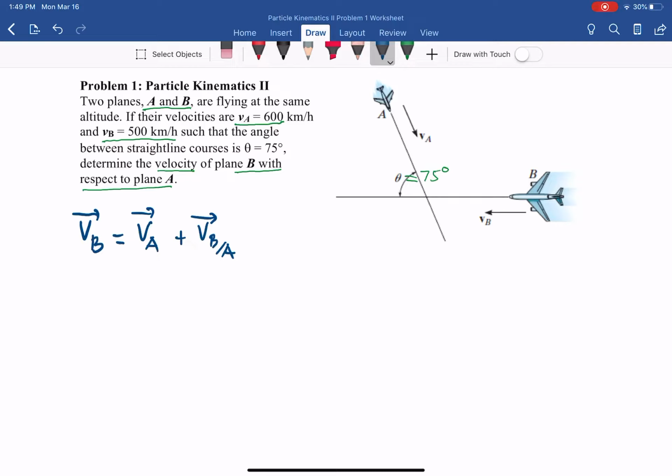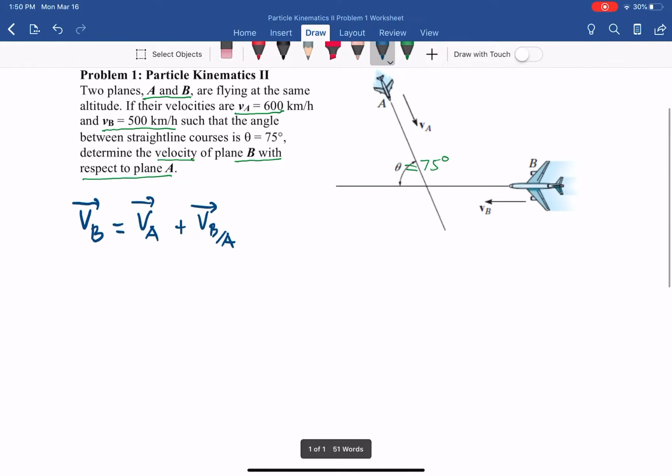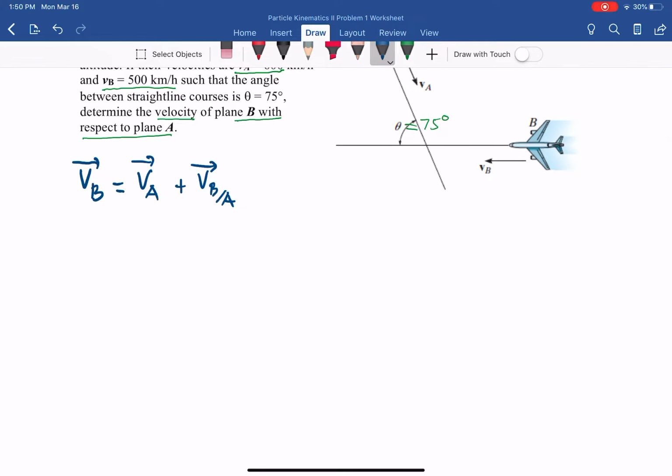For this video, I use the graphical method, and we only want to demonstrate how to use it for problem 1 only. From now on, you use components and scalar equations to solve all other problems. So just for demonstrative purposes, I use the graphical method here.